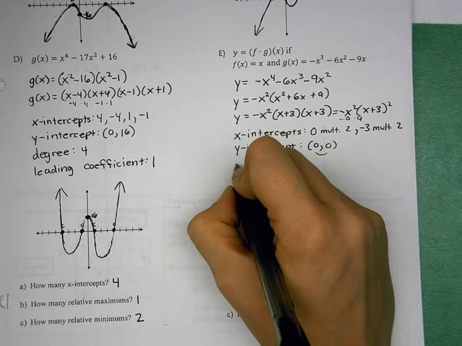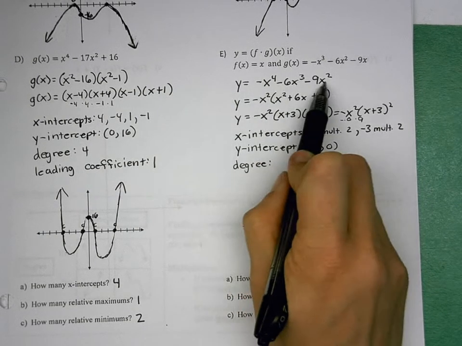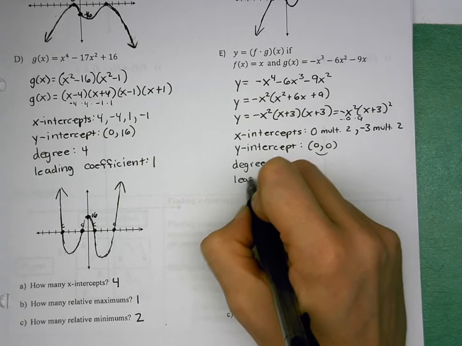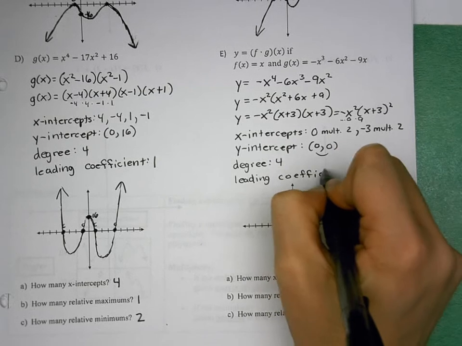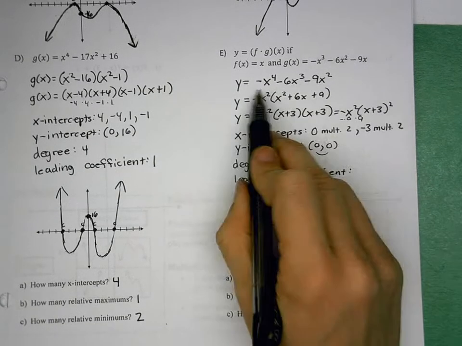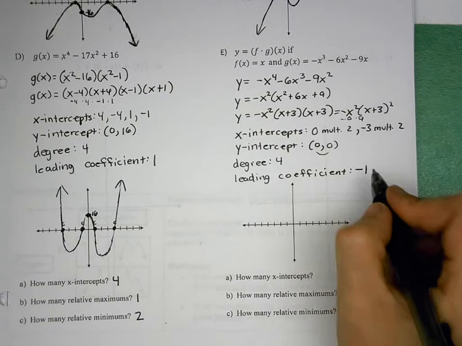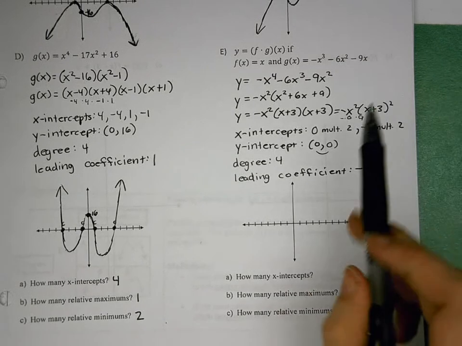My degree, looking at my original function up here, my degree is 4. And my leading coefficient is negative 1. So with an even degree and a negative leading coefficient, I know my graph is going down to negative infinity on both the left and the right. So I need to make sure that's in my sketch.